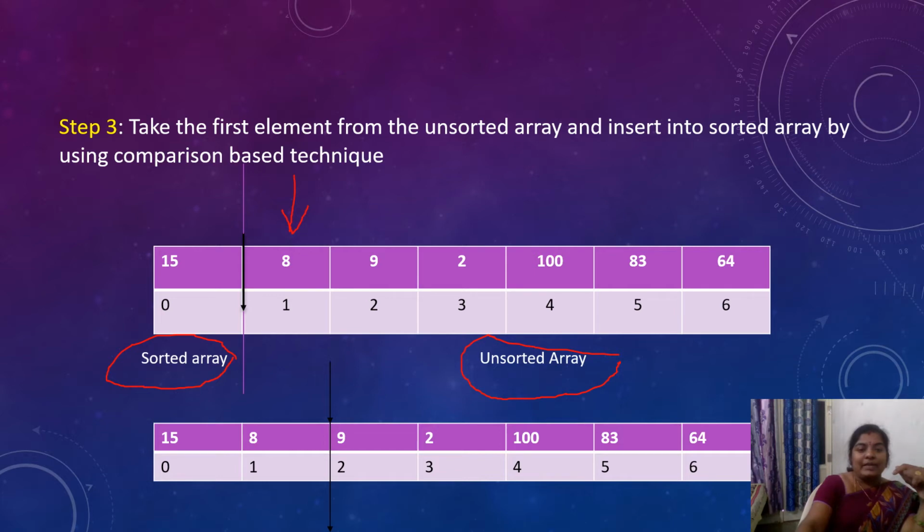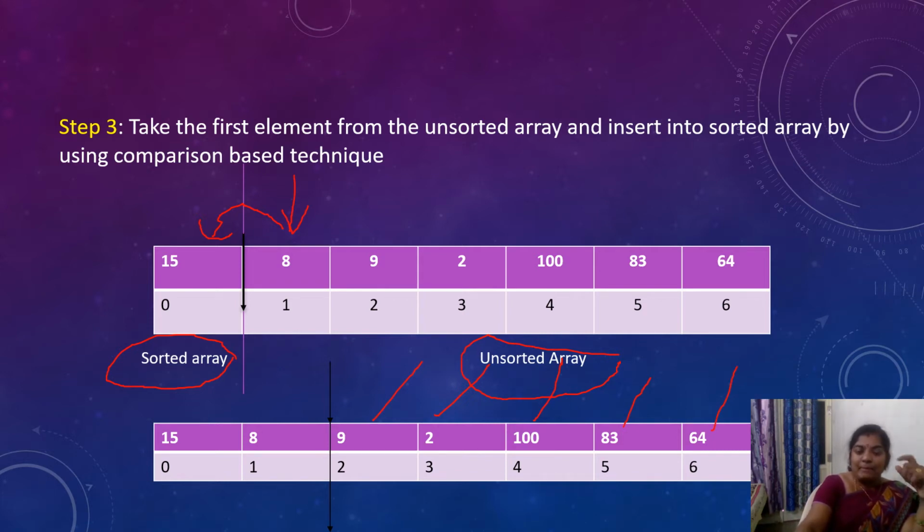Move this element 8 to the sorted list. Then automatically the diagram becomes like this. And the remaining elements are 9, 2, 100, 83 and 64.